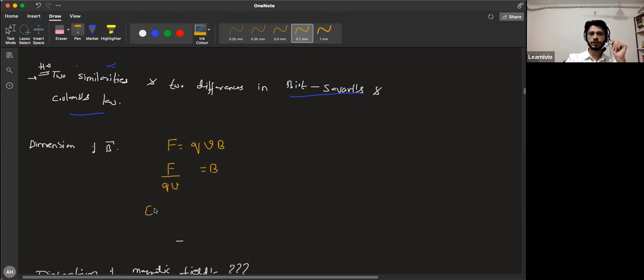The force is M1 L1 T minus 2. Charge is A1 T1. Velocity is L1 T minus 1.